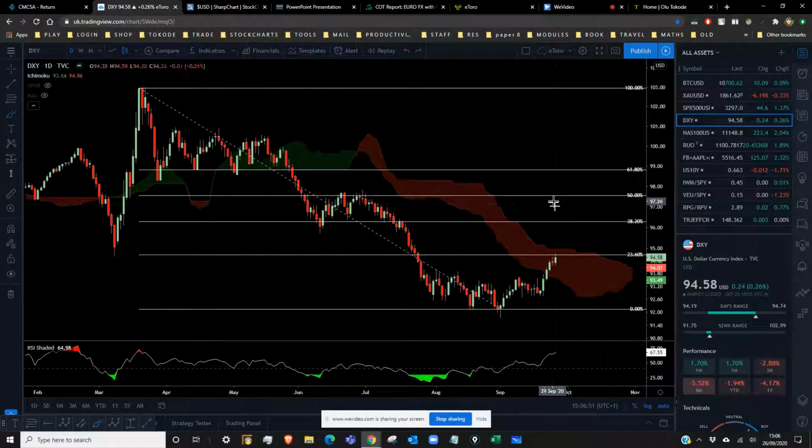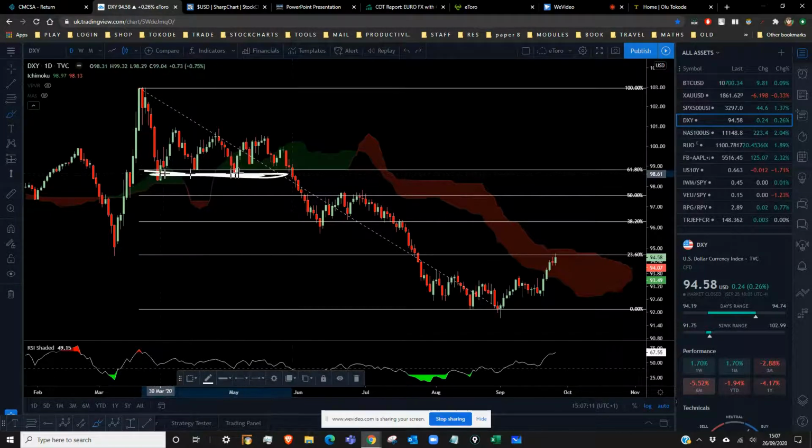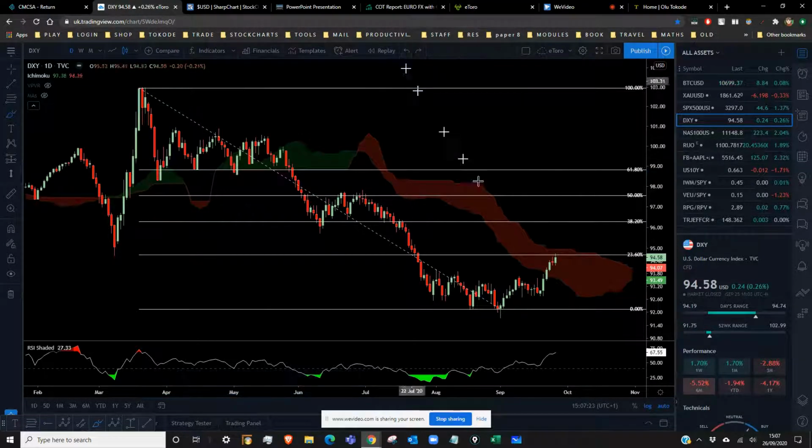And after 38, 50, which also somehow just manages to coincide with this resistance or support level here. I'll call that resistance. And then the next one is 61%, which also coincides with this support here. It's very strange how the Fibonacci retracement indicator tends to look very reasonable most of the time. So these are the levels I'll be watching.